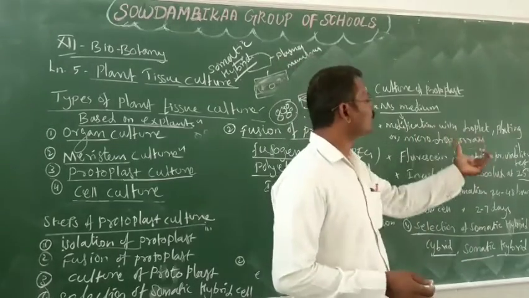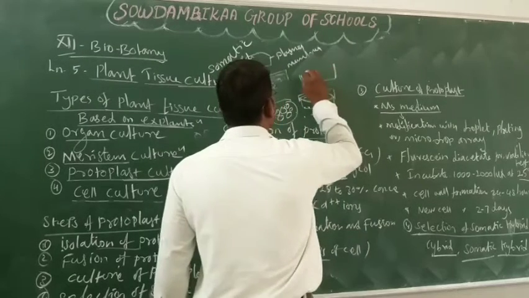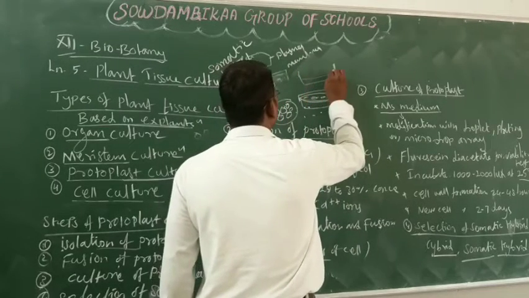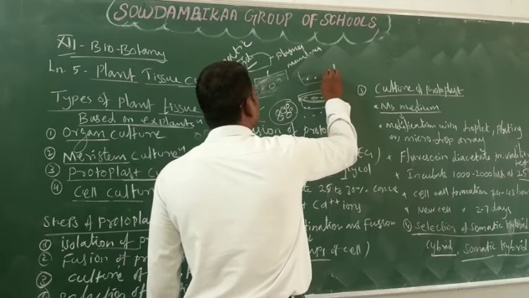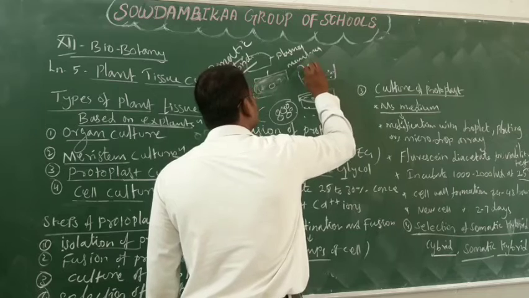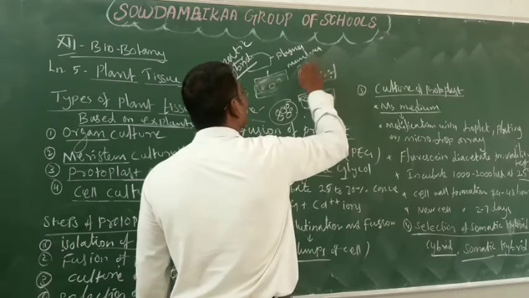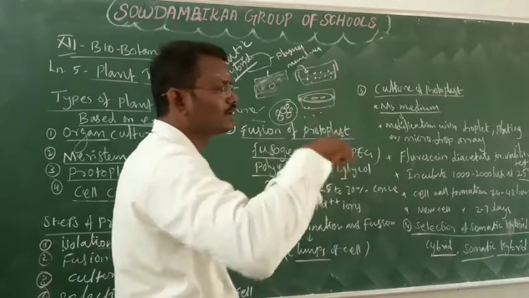In a Petri plate, we do not take the medium first. First we put in the protoplast, and after that the medium will be dropped. We are putting the droplet medium.